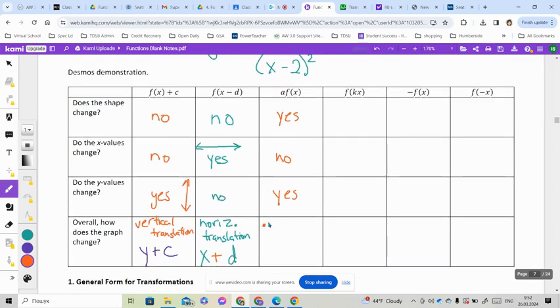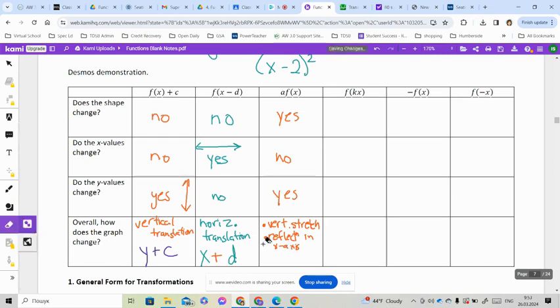Okay, so we call this two things. We call this a vertical stretch. I'm just going to write vert stretch. And we call this a reflection, a vertical reflection. Actually, let's call it reflection in x axis.